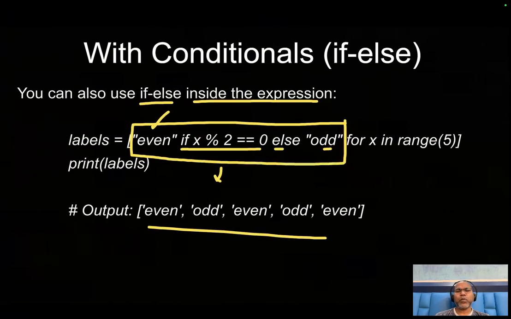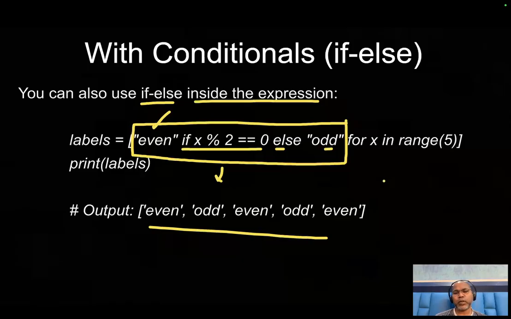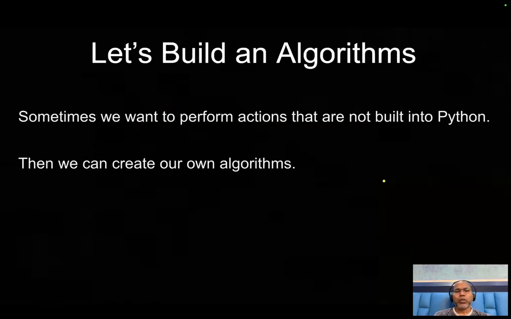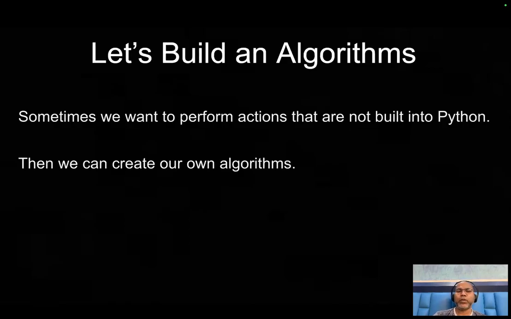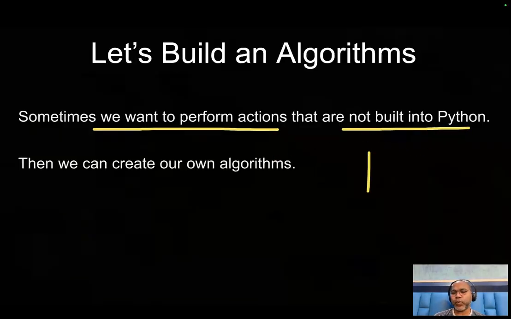And there are lots of permutation and combination you can do here, right? List comprehension is another way to do it. Using lists, we can build lots of our applications. Sometimes you want to perform an action that is not built in. Lists provide lots of built-in functions, but sometimes these functions may not fulfill your requirement.